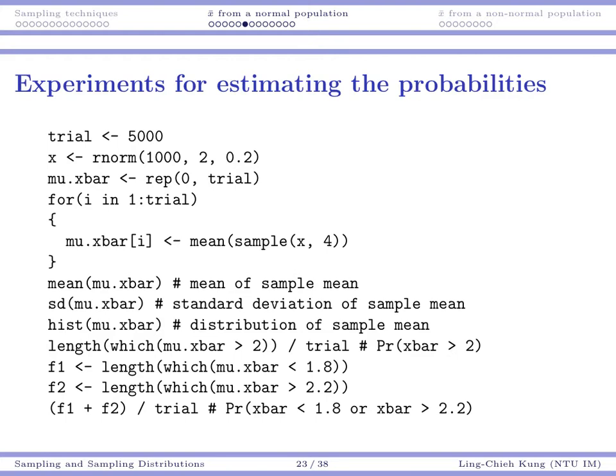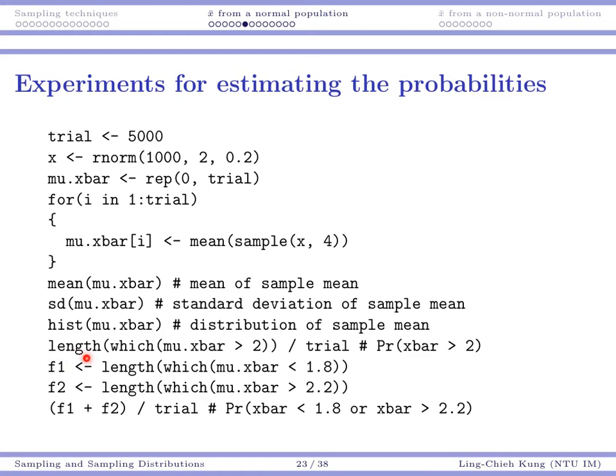We can calculate the probability for my sample mean to be greater than 2. How? Among those 5,000 sample means, I ask which of them are greater than 2. I'm going to get some indexes for which that particular element of the vector is greater than 2.